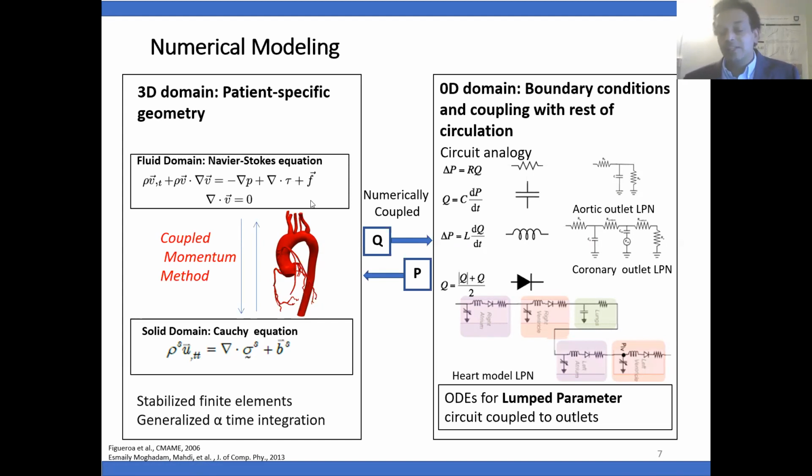But typically, the way I set up my problem was I would pass the flow information into this lumped parameter network, solve these ODEs, and then compute the pressures at the nodes and send it back to the 3D domain at every time step, and then do a solve for that time step at the 3D level. And so you'd essentially keep iterating through this loop till you have a converged solution, and you march through the solution until you have the full cardiac cycle simulated.